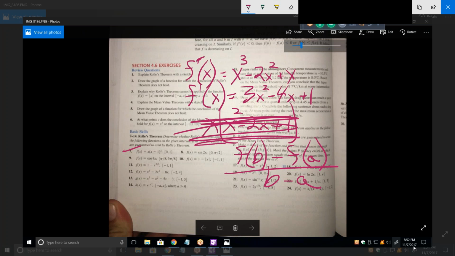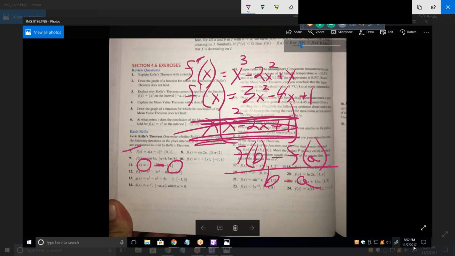So what's f of b? F of b would be... would it be 1 minus 2 plus 1? So it'd just be 0. Okay. Minus... What's f of a? You're plugging in 0, so it'd be 0 minus 0.